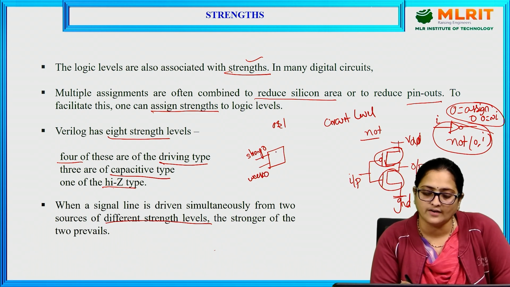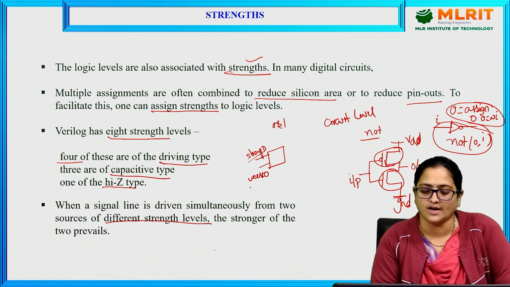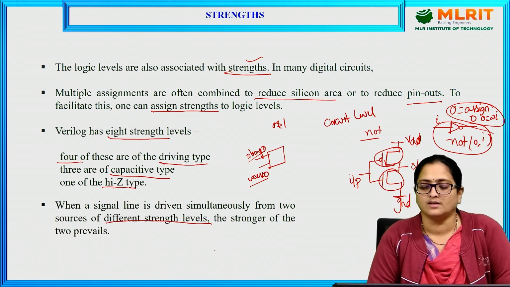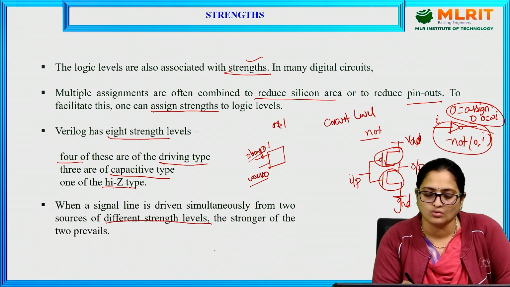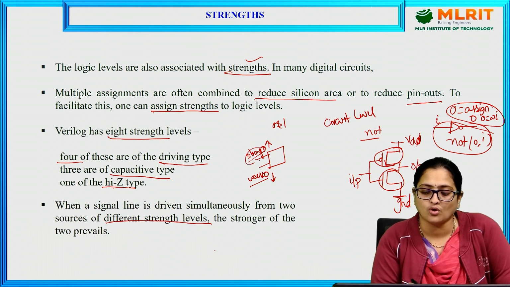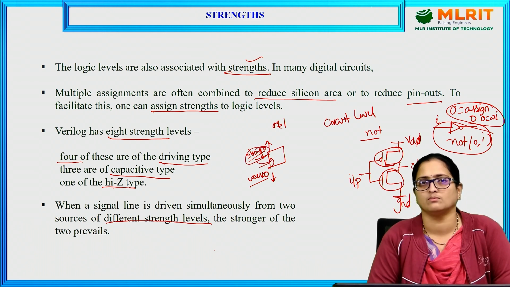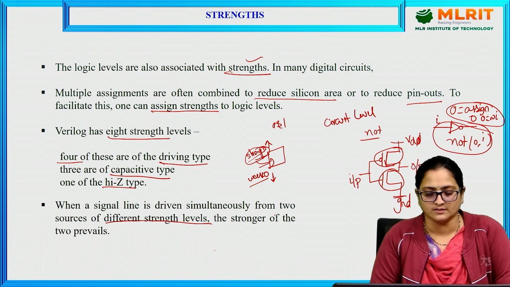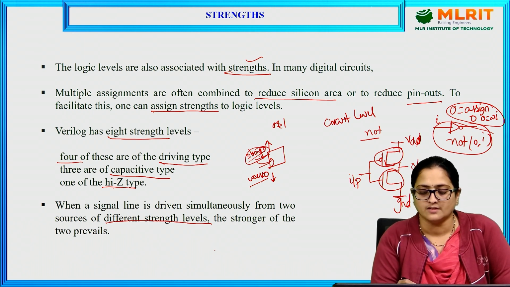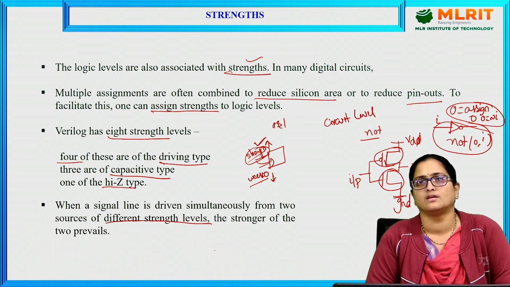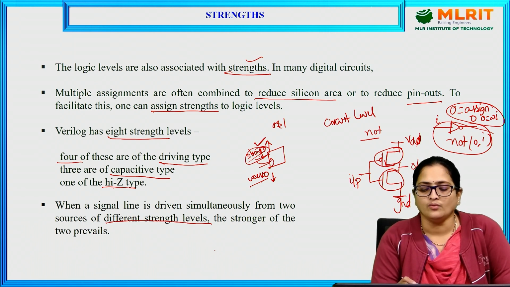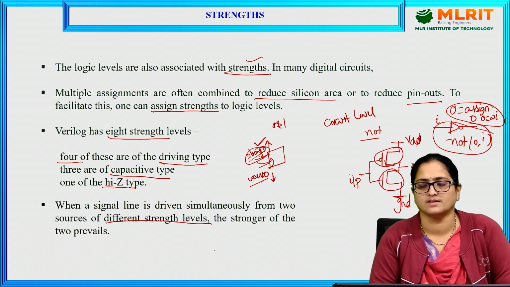So it can drive strong 0 and weak 0 as inputs to a module. But as the strength of the strong 0 is more compared with the weak 0, it pulls the strong 0 as an output of this module. If two sources have different strength levels, the stronger one will prevail. How do you know the strength levels? We'll see in the next slide.